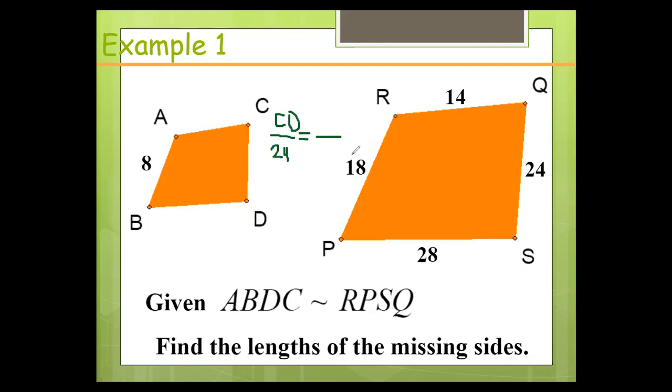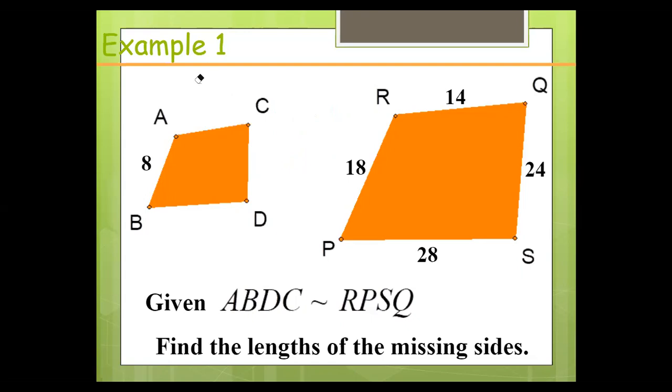Then we are going to use the scale factor, 4 over 9, with all the sides. And after that, we will use cross multiplication, or we will draw the butterfly, and then we will find the length of CD.